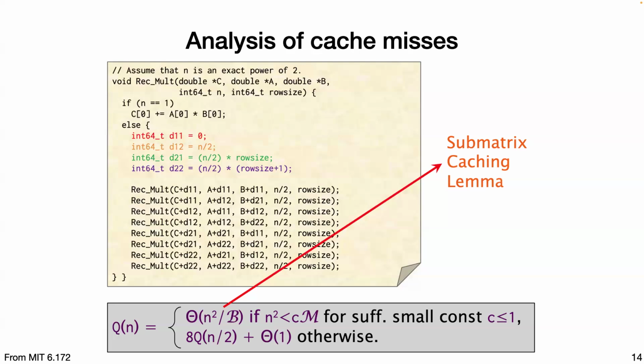Of course. Yeah, C is just some constant at most 1, because you need to technically fit 3 of these submatrices. You need A, B, and C to fit. And maybe there's a little bit of extra stuff like the metadata. So it can't be exactly M, because then only A, B, or C could fit.